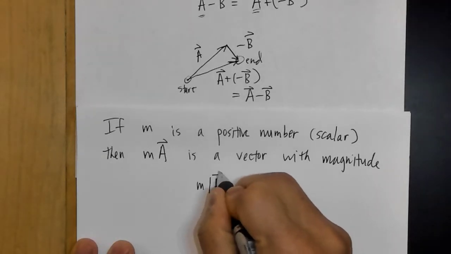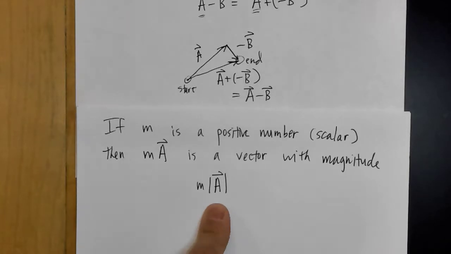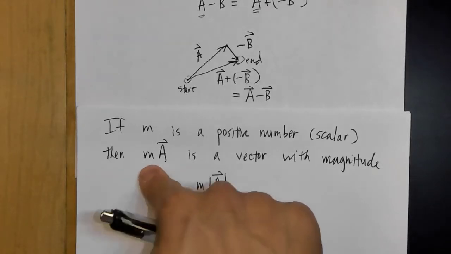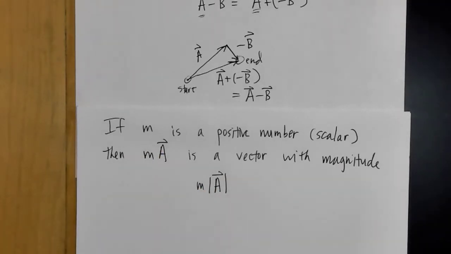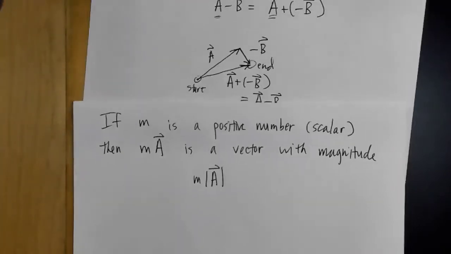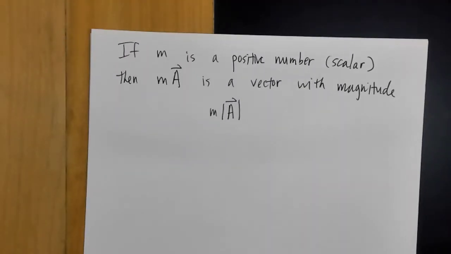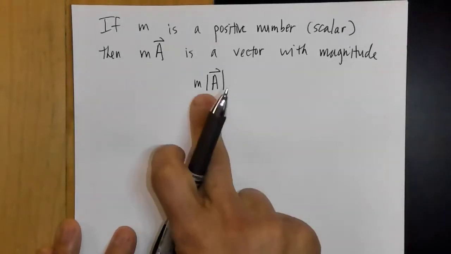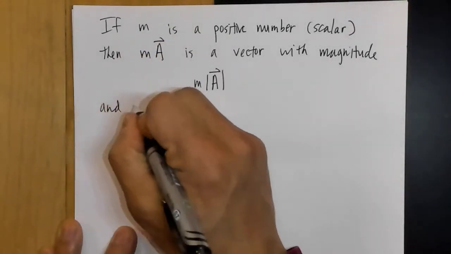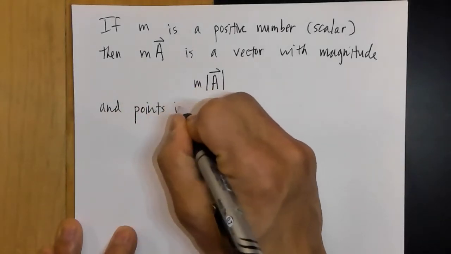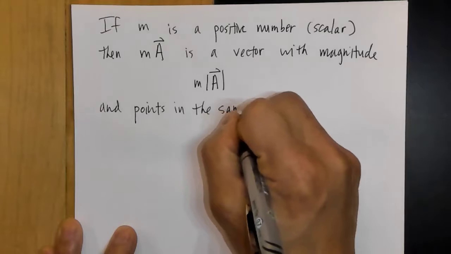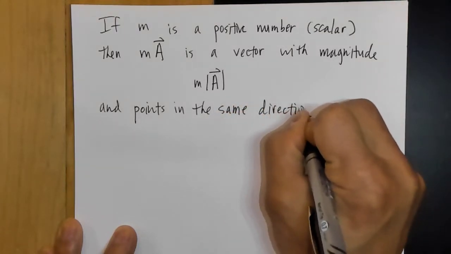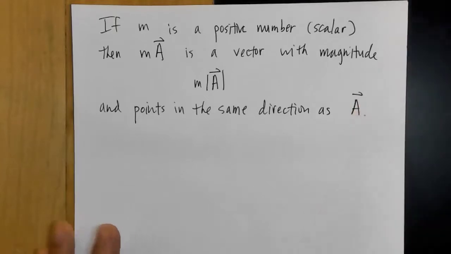M times magnitude of A. So remember, that's the symbol for the magnitude of A. So what I'm saying is if I multiply some number like 2 to A and I get 2A, then the magnitude of 2A will be 2 times the magnitude of A. That's not particularly surprising, right? Okay. So it has magnitude m times magnitude of A, and points in the same direction as A.